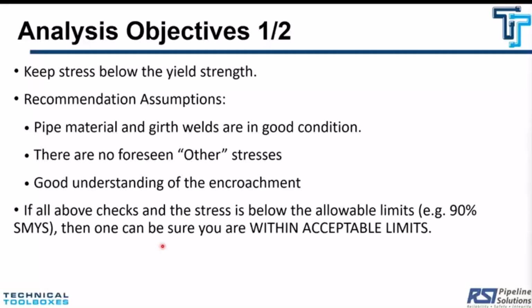The point is that 90% SMYS assumes that the pipe is in good condition, right? That the pipe material and the weld material are in compliance with whatever code and standard they are supposed to be, and that there is no additional stress.